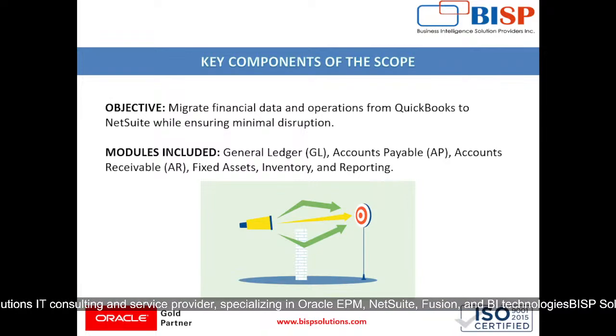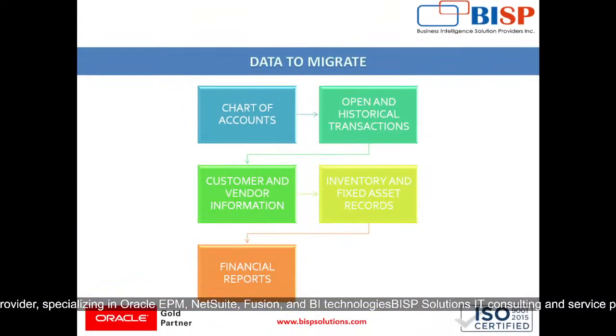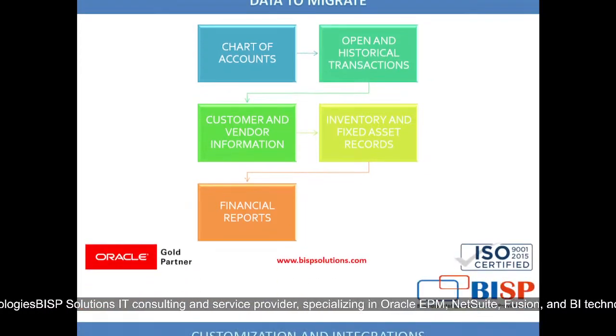The modules included are general ledger, accounts payable, accounts receivable, fixed assets, inventory and reporting. The data to migrate is the chart of accounts, open and historical transactions, customer and vendor information, inventory and fixed assets records, and financial reports.